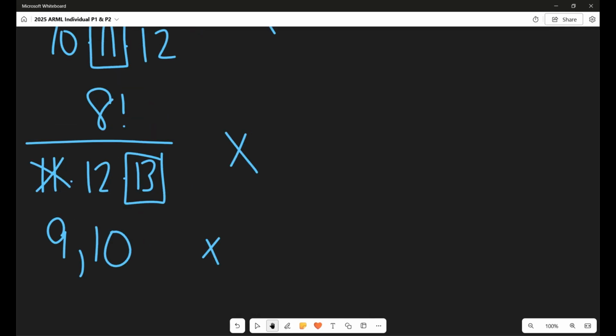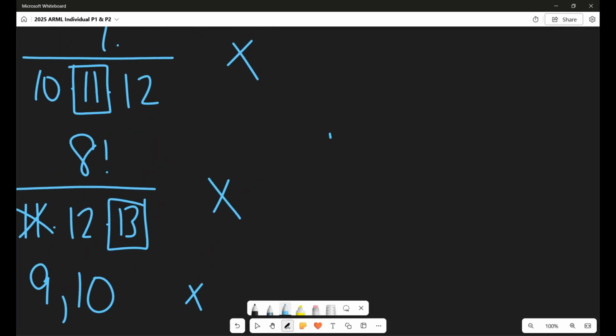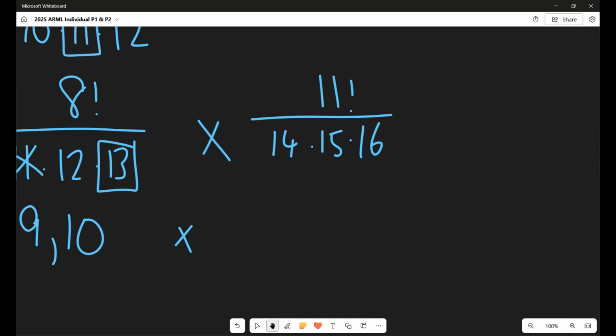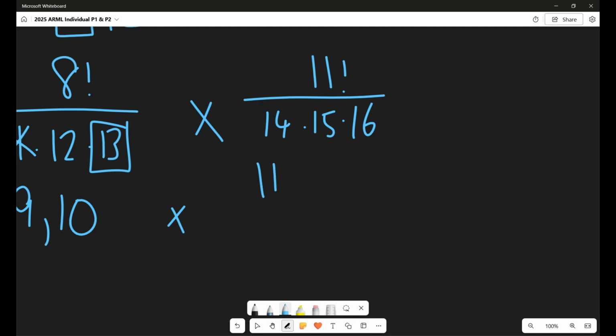Finally, we can test for 11. When we do that, it's 11 factorial over 14 times 15 times 16. At first sight, this looks promising, so let's check it out. We have 11 times 10 times 9, 8, 7, 6, 5, 4, 3, and 2.